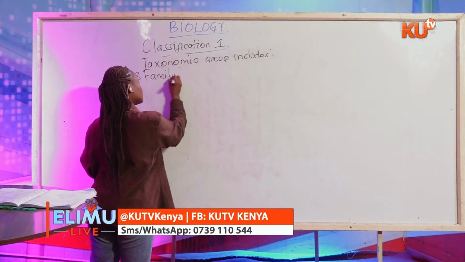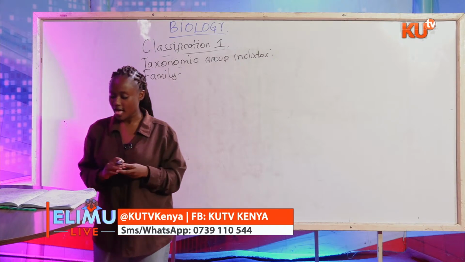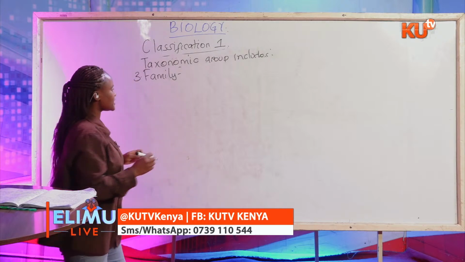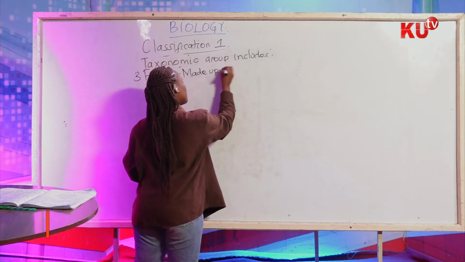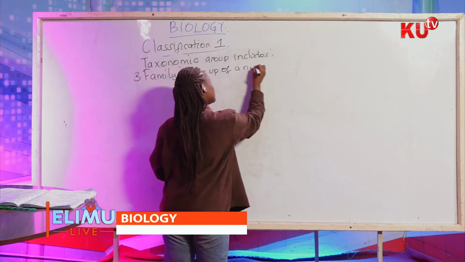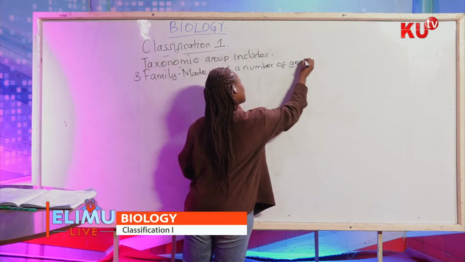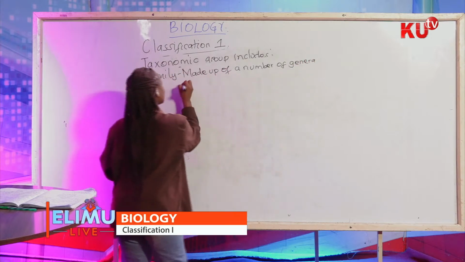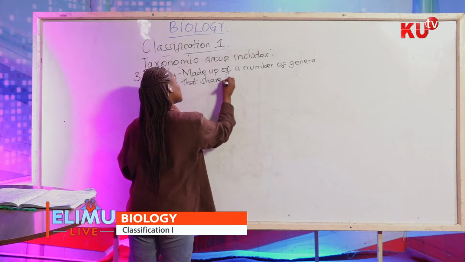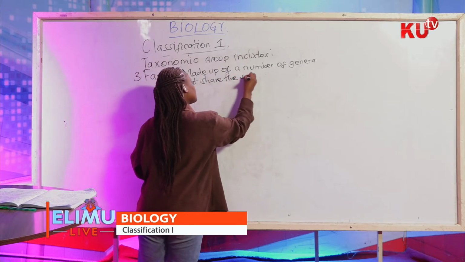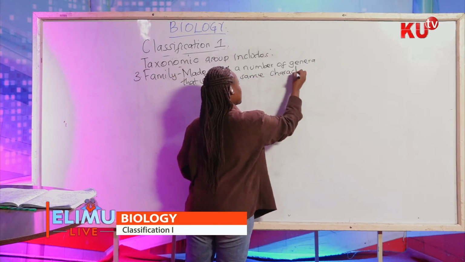Family is made up of a number of genera that share the same characteristics.